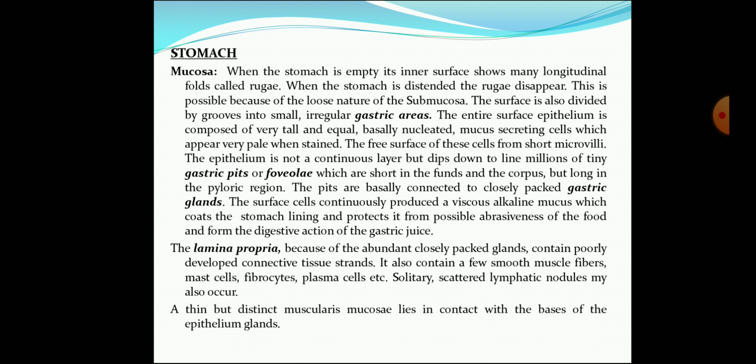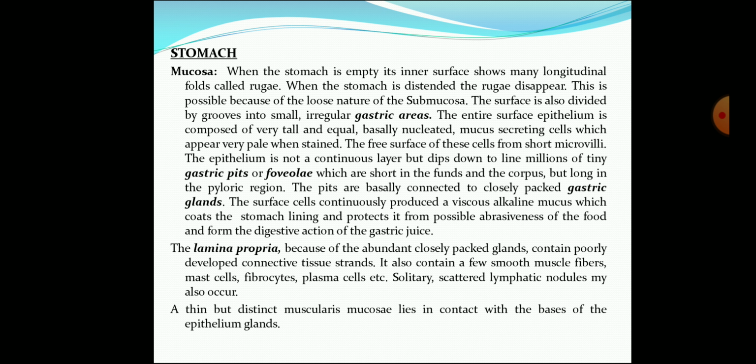The epithelium is not a continuous layer but dips down to line millions of tiny gastric pits, which are short in the fundus and corpus but long in the pyloric region. The pits are basally connected to closely packed gastric glands.